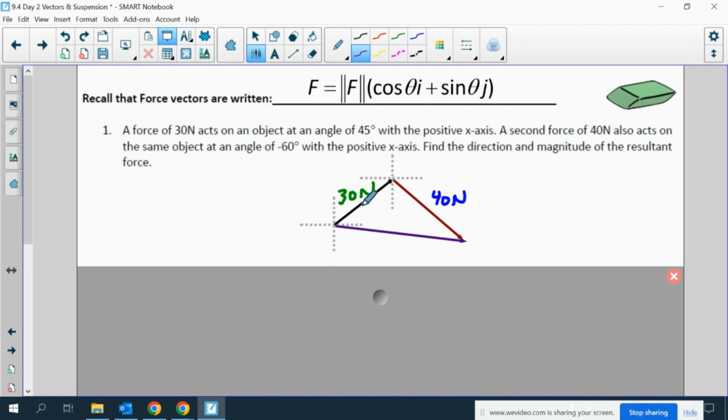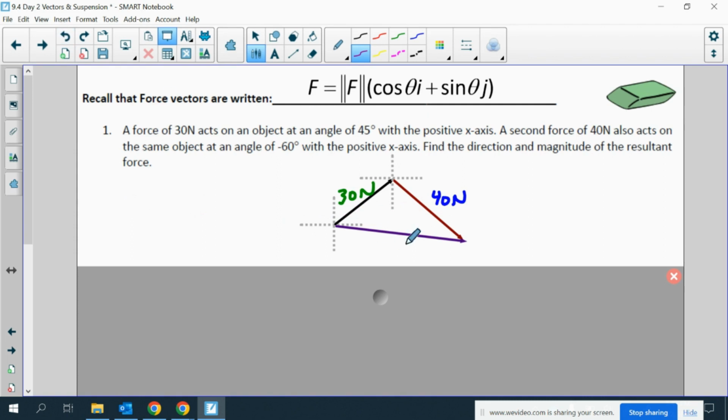And so what I can do is figure out that the first force, which I will call F1, is the magnitude of F1 times cosine of 45 i plus sine of 45 j.